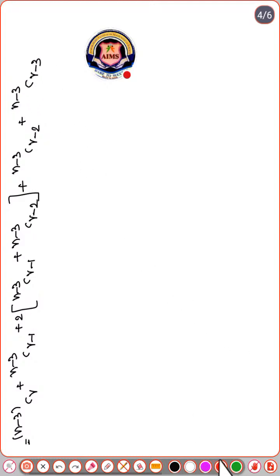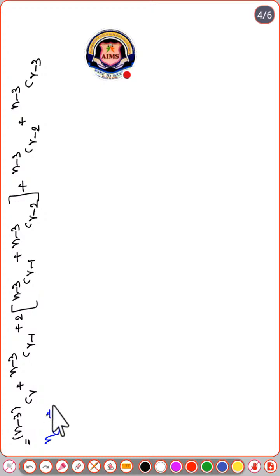In the previous step we have written one formula. I can write one more time. nCr plus nC(r minus 1) is equal to (n plus 1)Cr. Otherwise nCr plus nC(r plus 1) is equal to (n plus 1)C(r plus 1).